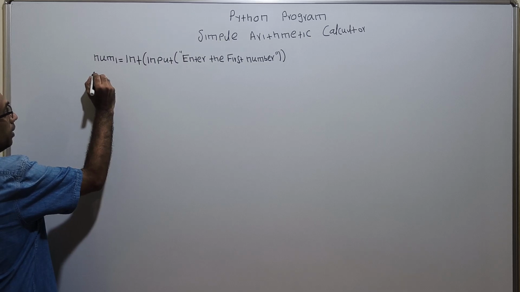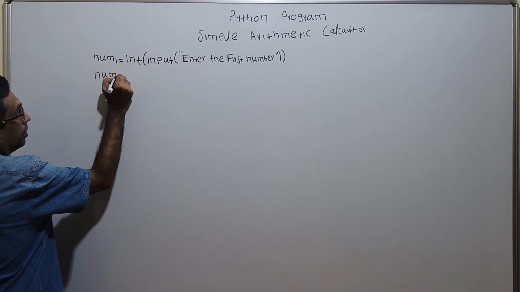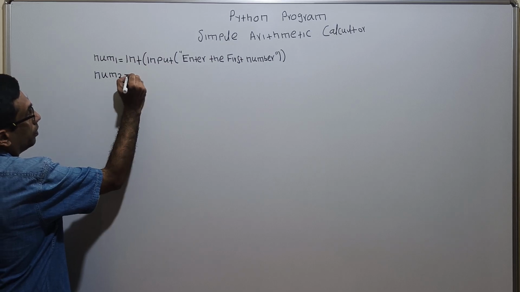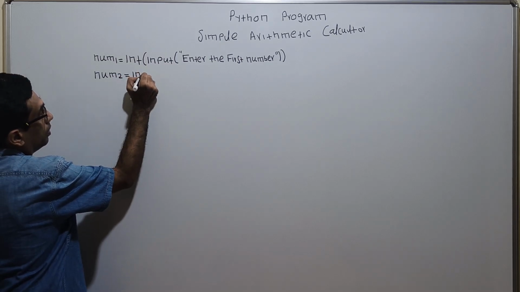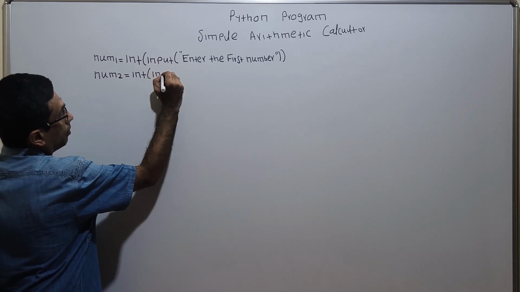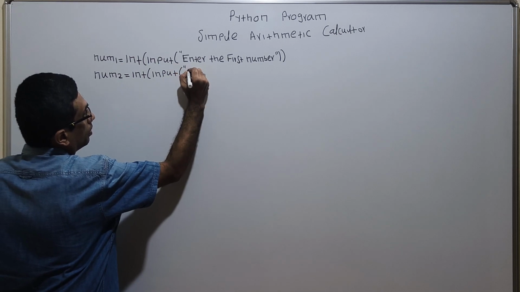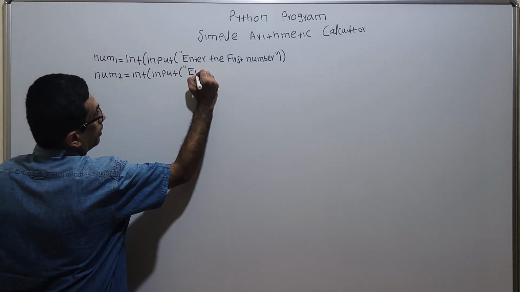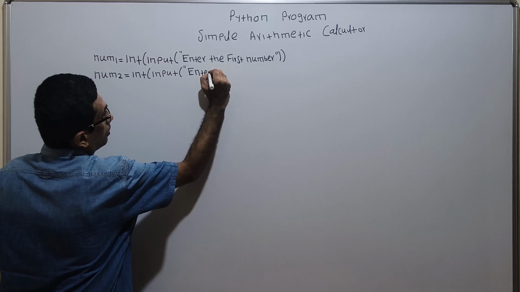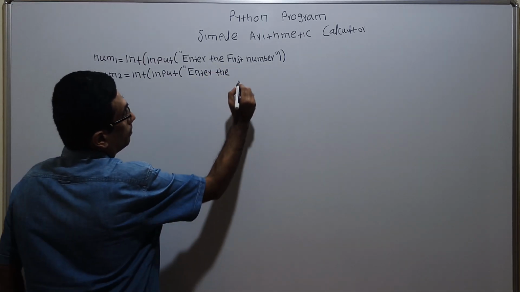Likewise, I am getting another number: num2 = int(input("Enter the second number")).